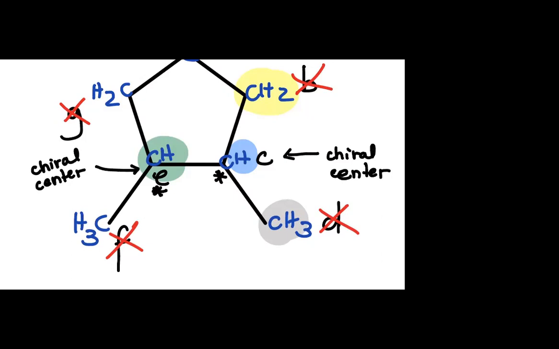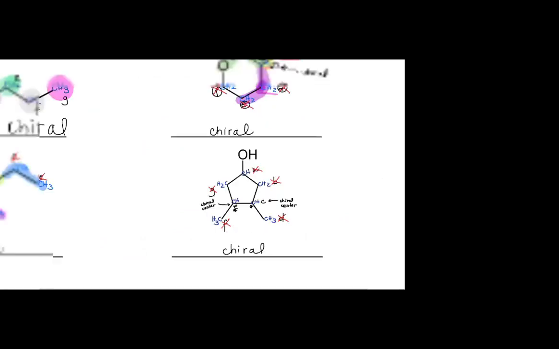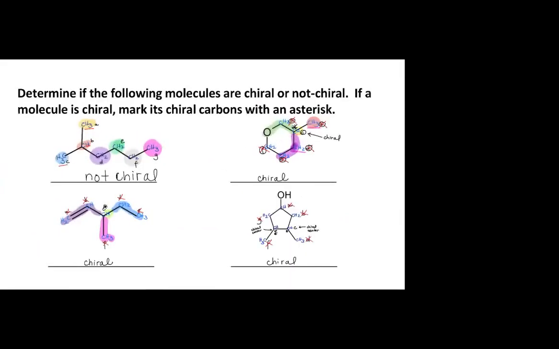So this molecule has 2 chiral centers. So the molecule will be chiral. When trying to determine if a molecule that I'm working with is chiral or not chiral, I'm trying to define what are the chiral centers that are present in it.